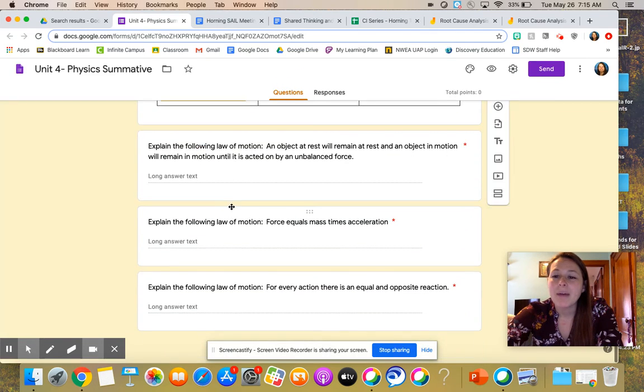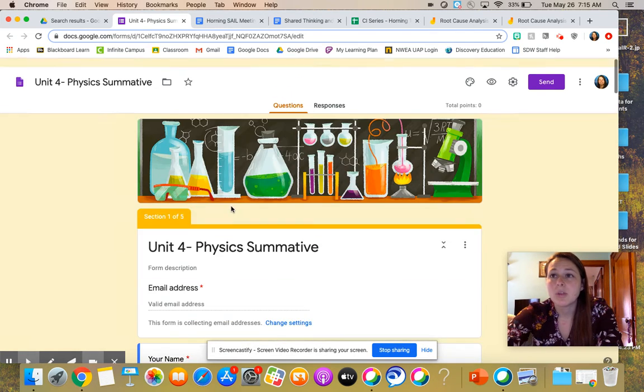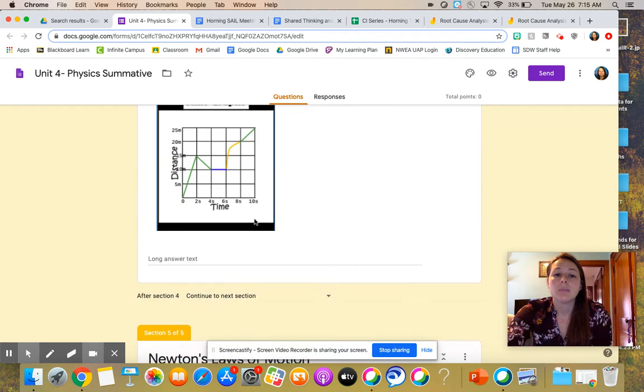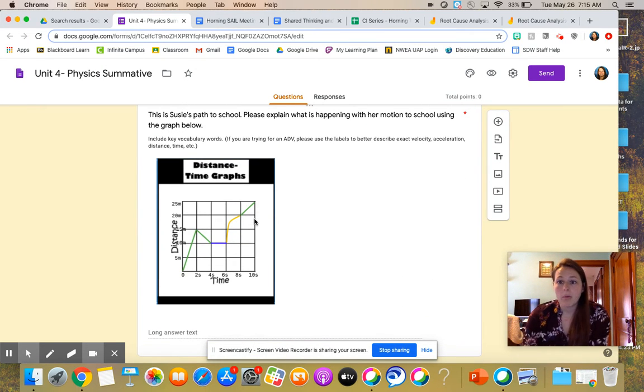Okay. Obviously, this is all open notes, so you're welcome to use your notebook, pull it out. If you're looking at something like this chart here and you don't remember what's going on, feel free to look back at your notes. Feel free to look at your old assignments. Feel free to look at feedback I've given you. Feel free to look at any of the old work that you and your classmates have done.